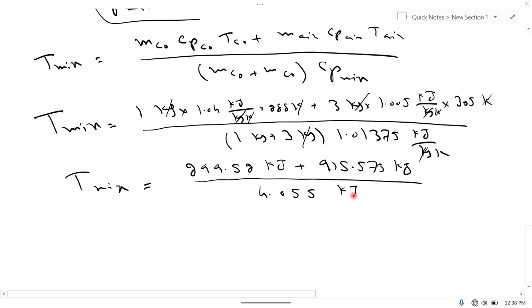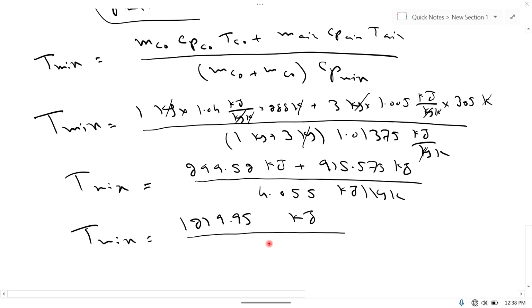Now add the above two values, which is equal to 1219.095 kilojoule divided by 4.055 kilojoule per Kelvin. Kilogram is already cancelled with kilogram, so this is kilojoule per Kelvin.